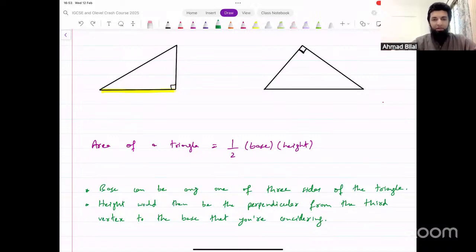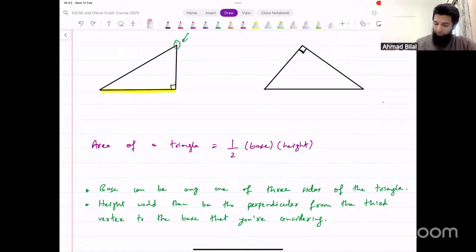The third vertex is the one that's not part of the base. This is the third vertex. Height is going to be the line coming from that third vertex to the base that is perpendicular like this. So if you're taking this side as the base, then height is going to be this side. Okay, that's one possibility.